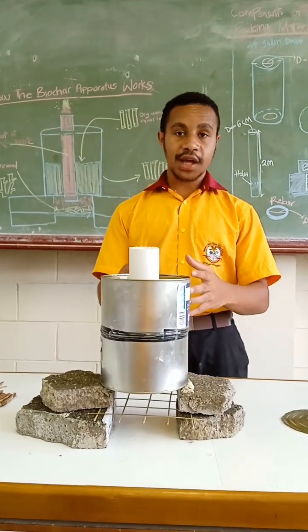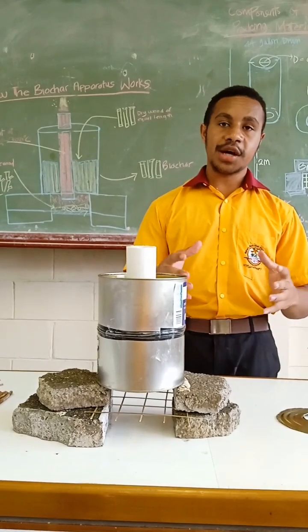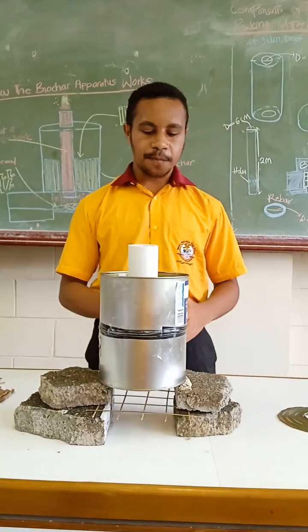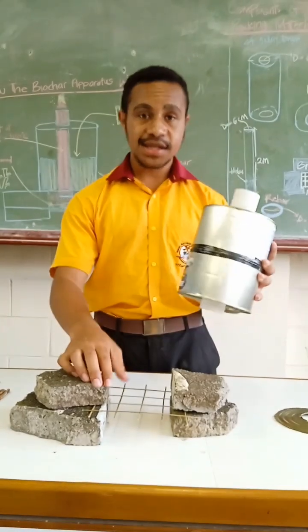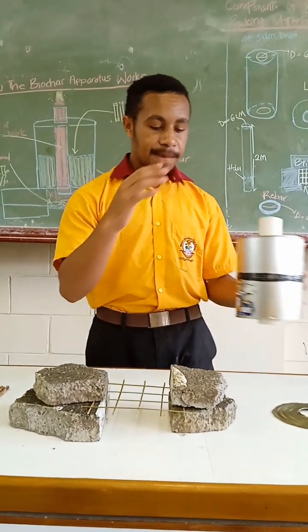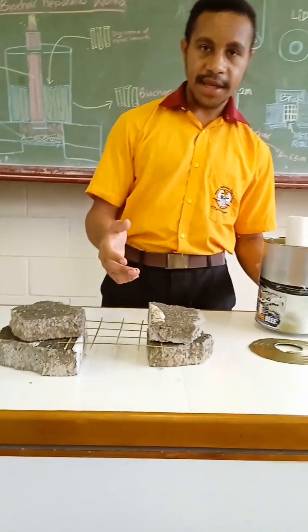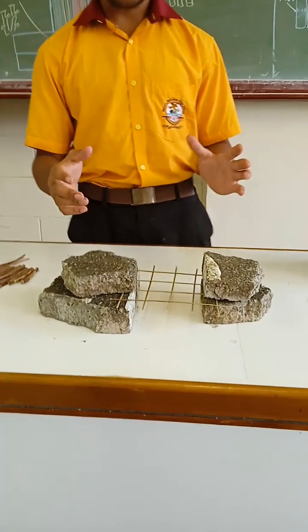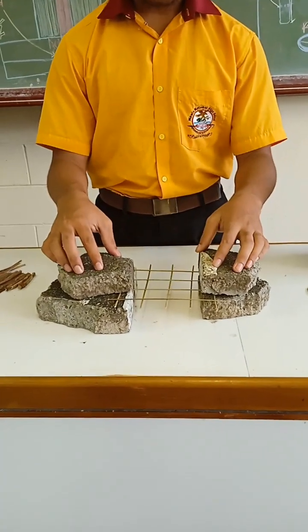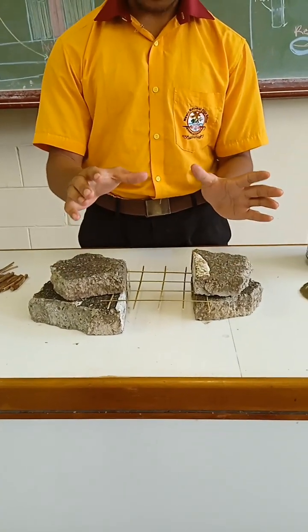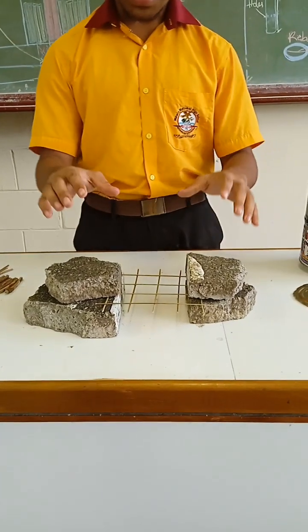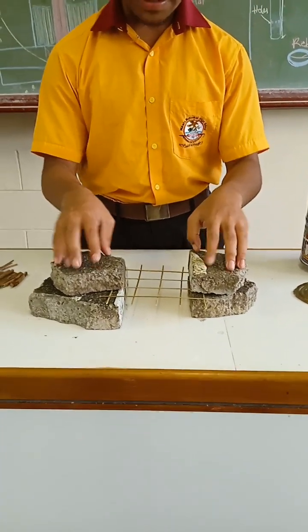So here we have the prototype of the actual biochar producing apparatus. Explaining from the base to the chimney, let's start from the base. At the base we have the bricks, which can be 12 bricks. In between them is the metal rack.